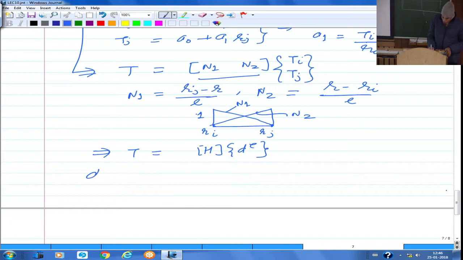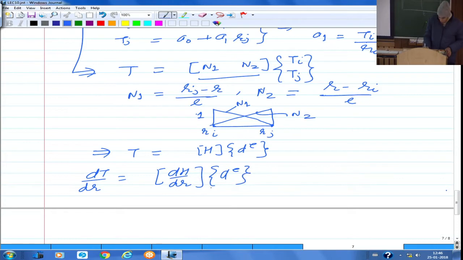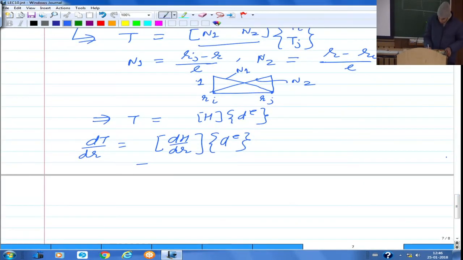Then you also need dt by dr. So dt by dr is going to be the derivative of H, which is dH by dr into dE, and this we call B, similar to what we did earlier.